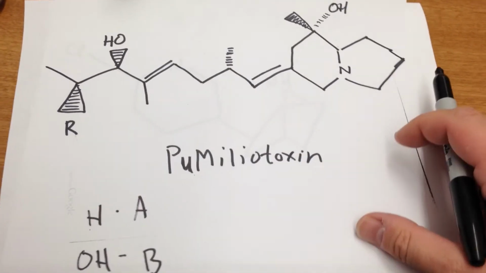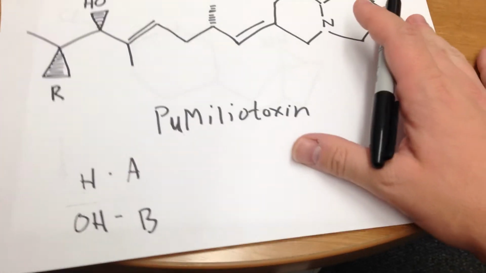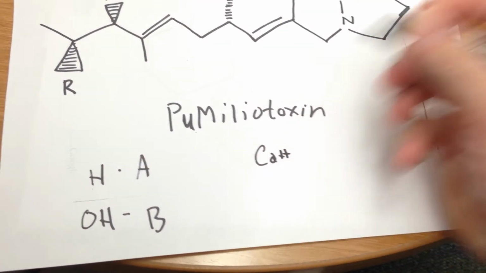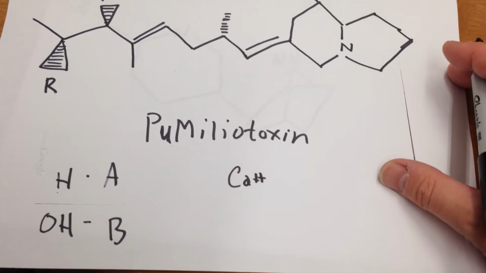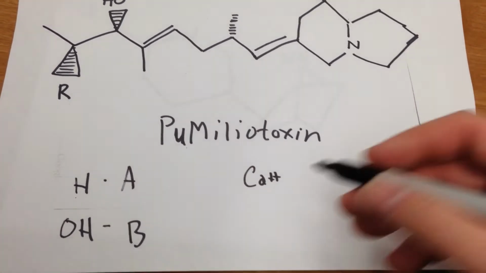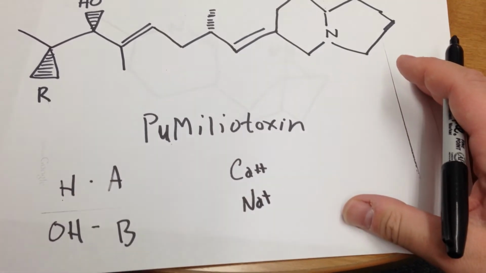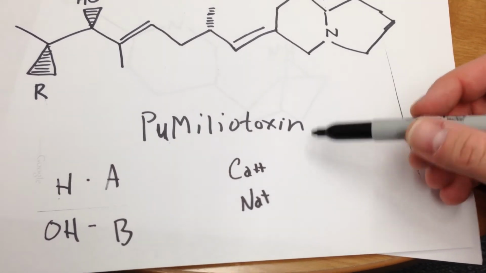Okay, so how do these work? Well, we think that the pamilitoxins work in a variety of ways. We think that they interact with calcium channels somehow, and they can have cardiotoxic effects. We also think that they may act on sodium channels, and they may have some ligand-gated channel effects.